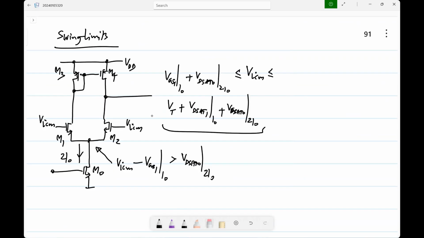So what is this voltage to begin with? VDD minus VSG3 at a current of I0. And you can go 1 VT above that.